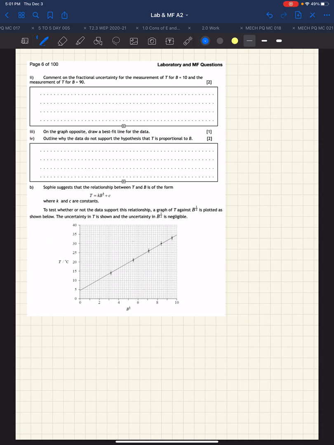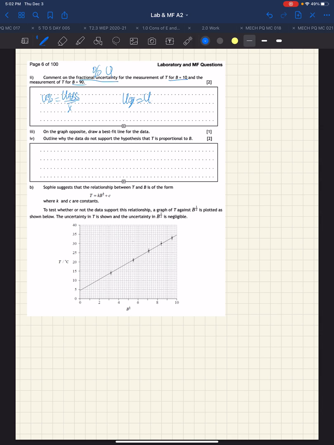Comment on the fractional uncertainty. And the fractional uncertainty is what we think of as the percent uncertainty for the measurement at B of 10 and B of 90. So that's like a percent uncertainty, the absolute over the value, and we'll do that twice.